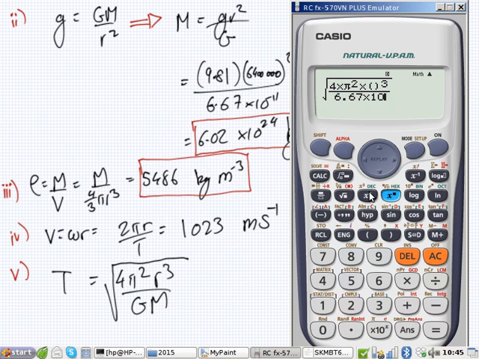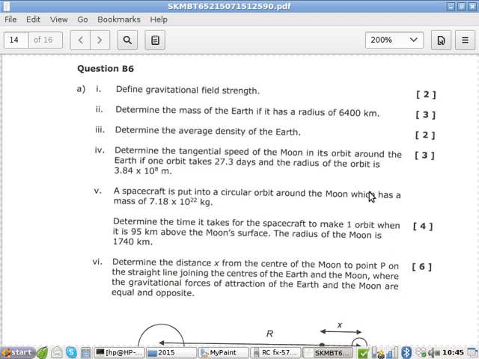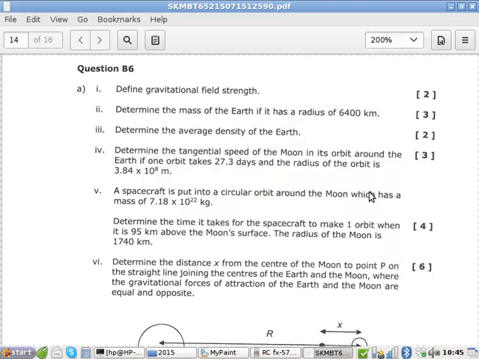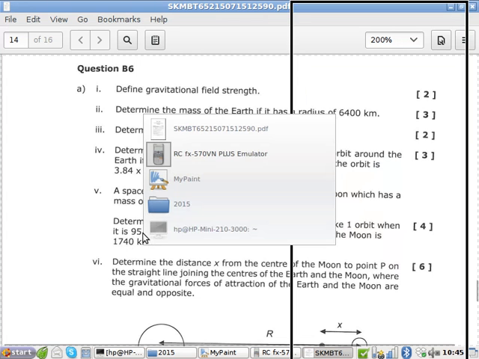Now, are we given the mass of the moon? I think we are. 7.18 times 10 to the 22. And the radius, well, it's 95 kilometers above the moon, and the moon is this big, so that's 1740 plus 95 kilometers.